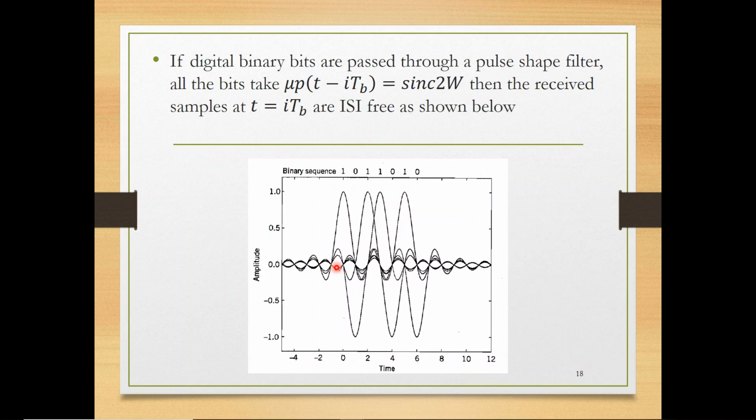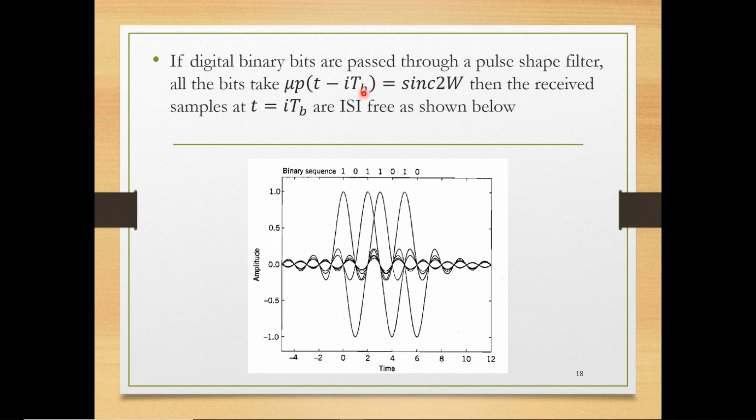as I just mentioned. Now, if digital binary bits are passed through a pulse shape filter, which is the transmit filter, we call it sometimes pulse shape filter, all the bits take p of t minus ITB.